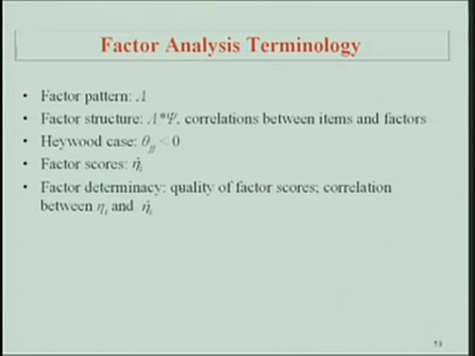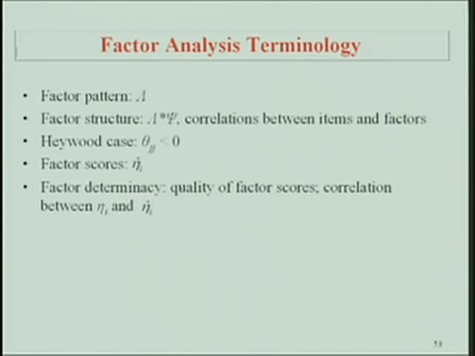So it could be useful sometimes to look at the factor structure values to see how the items correlate with the factors, because then you can further interpret the factors through that and get an understanding of which items are particularly strongly correlated with the factors. Typically, however, the factors are interpreted based on the factor pattern, the Lambda matrix.